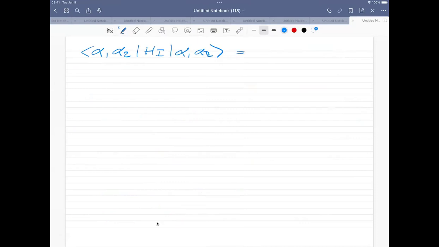So what we would have is a summation over the matrix elements alpha, beta, gamma, delta. We have the specific matrix element here, so we sum over all these indices.